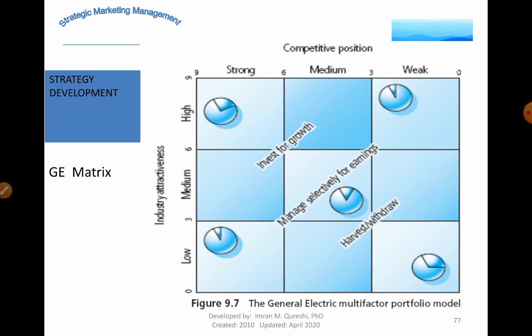Industry attractiveness is low, medium, or high, and competitive position is strong, medium, or weak. Based on where your particular company or product is falling, you can develop strategies. There are three basic strategies listed in this as well: invest for growth, manage selectively for earnings, and harvest or withdraw.